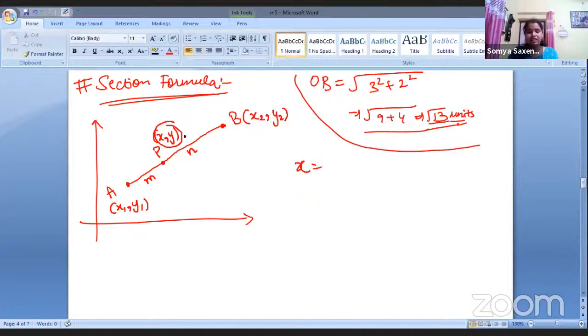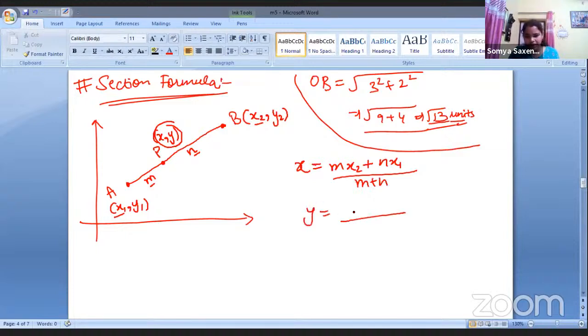So if we have to find the value of the x coordinate of this particular P point, which is segmenting this line segment, then it will be very interesting to find, because here what we do is M x2 plus N x1 divided by M plus N.